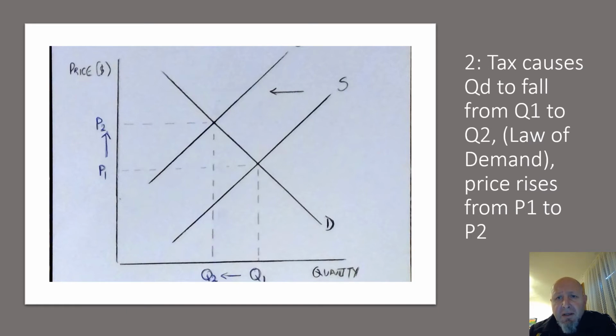So you will observe that tax causes quantity demanded to fall from Q1 to Q2 due to the law of demand. And you will observe that the price has risen from P1 to P2. Notice I have applied this diagram. I have explicitly told you what is happening.